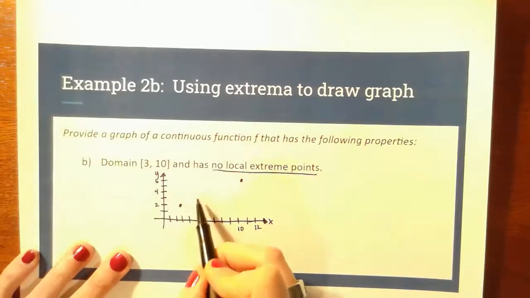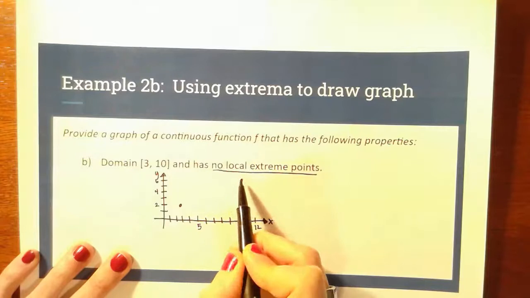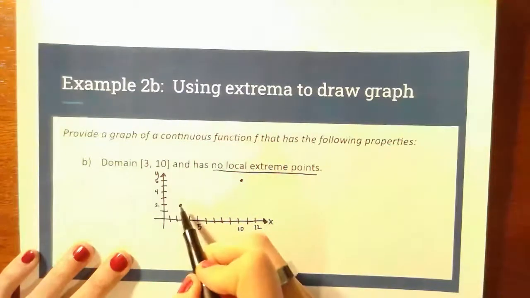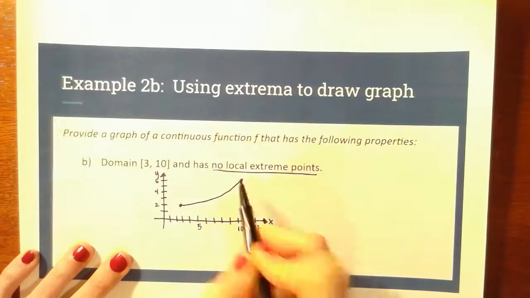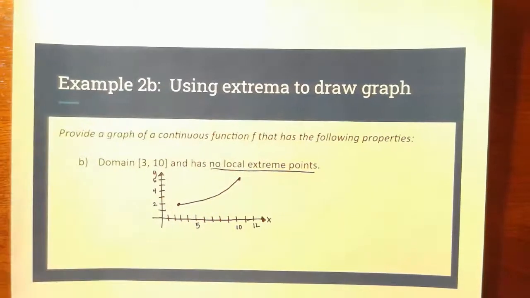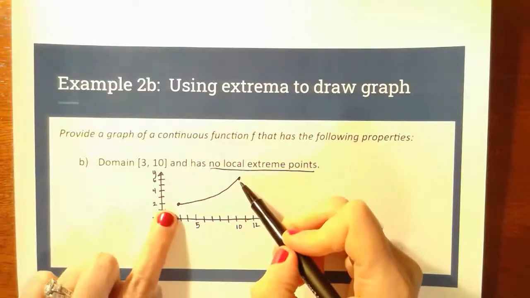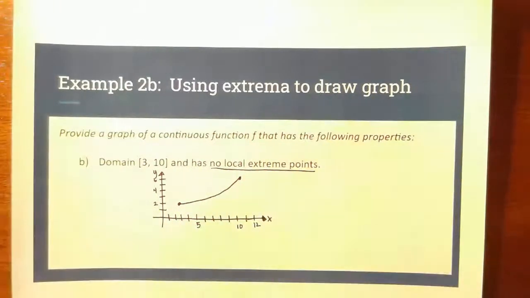And then as long as I don't make hills or valleys in between here, I won't create extreme points. So I'm just going to connect these dots and maybe make a slight curve in between them, but I never dipped down low enough to make a minimum, and I never went up high enough to make a maximum. So I have some absolute extrema, but no local extrema.